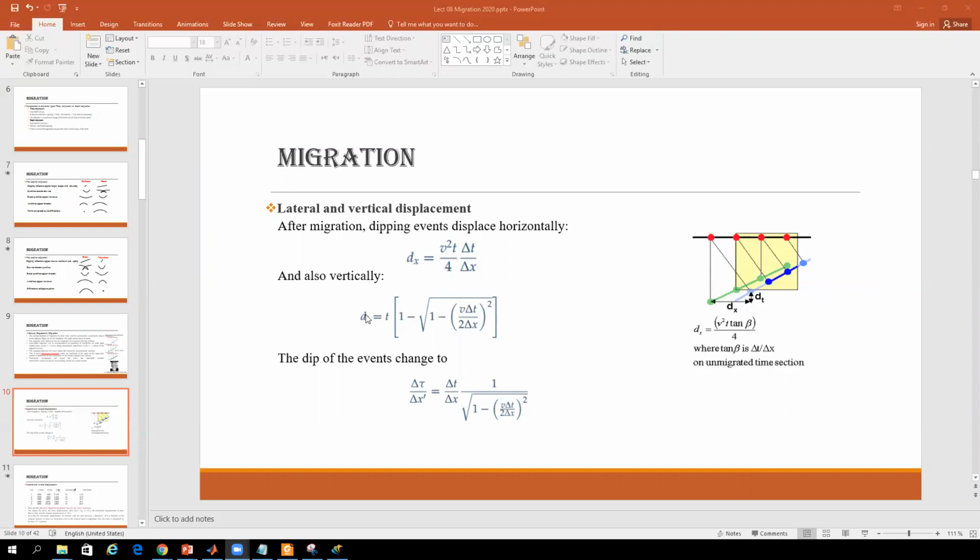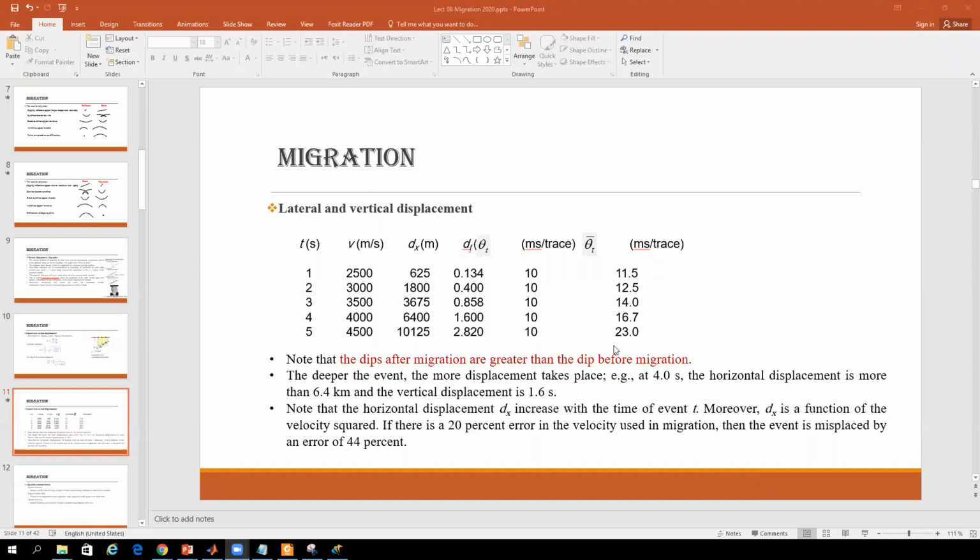We will also have a vertical displacement, dt, and we will also have a change in the dip. So the displacement can be so large that it can reach kilometers in range. For example, here we have an example of migration with some numbers, and the displacement can reach, in this example, 6 kilometers.